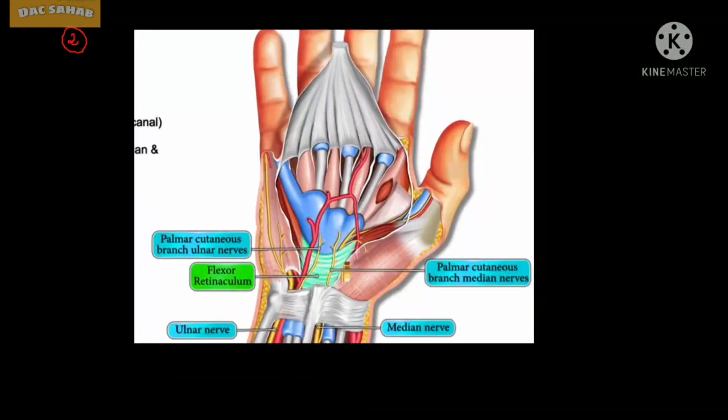An interesting point to know here is that the palmar cutaneous branch of ulnar nerve and ulnar nerve itself both pass above the flexor retinaculum, and the palmar cutaneous branch of median nerve also passes above the flexor retinaculum, whereas the median nerve passes below the flexor retinaculum. The median nerve is one of the contents of carpal tunnel.